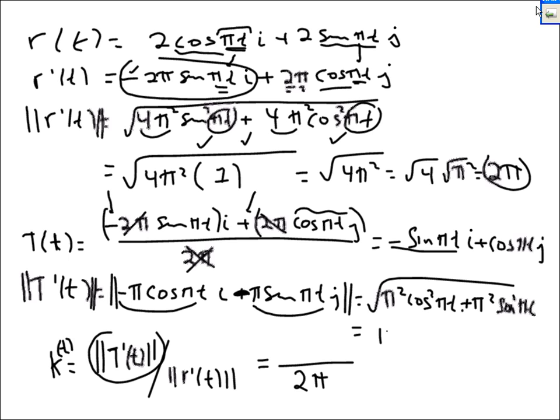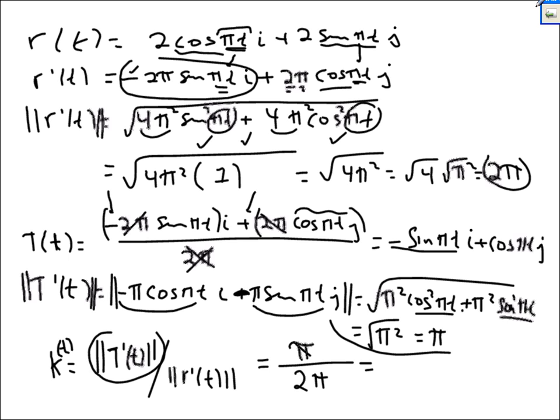Well, once again, you can factor out the pi squared. And what's left over is 1. Pi squared times 1 is pi squared. Square root of pi squared is pi. So that's the length of T prime.